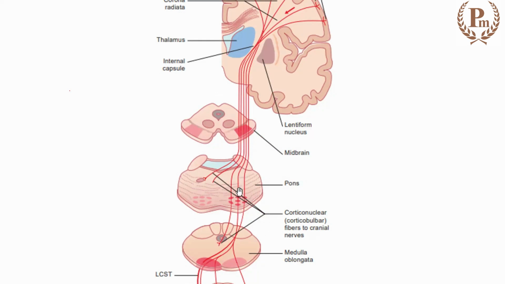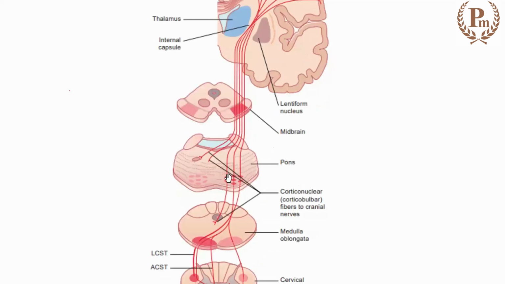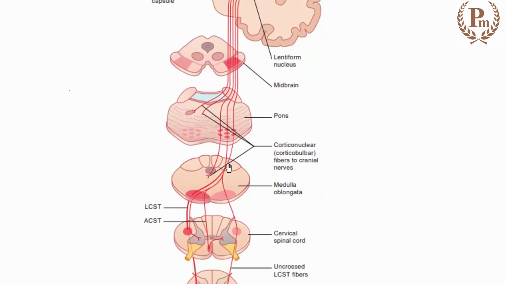The ones supplying my spinal cord go down through the pons. Here are the pontine nuclei. You see that these fibers are compact as they pass through the midbrain, but now they spread over because they have to pass through the pontine nuclei. Now these fibers are ultimately going to converge and cross over at the pyramid.